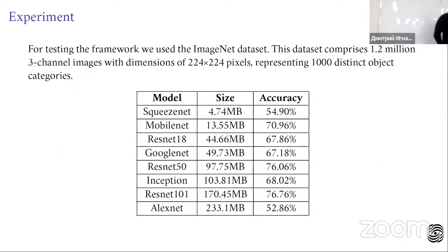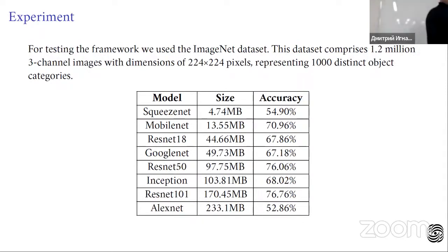So, what's the drop of the accuracy of the models? If we consider the next models, the first is a small, compressed one, the next two are medium size, and the last four are large models.